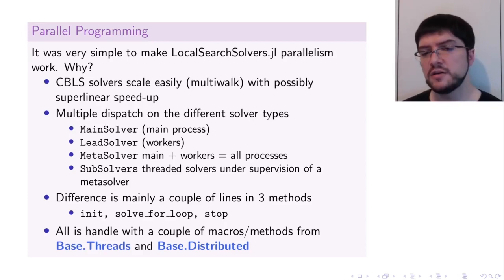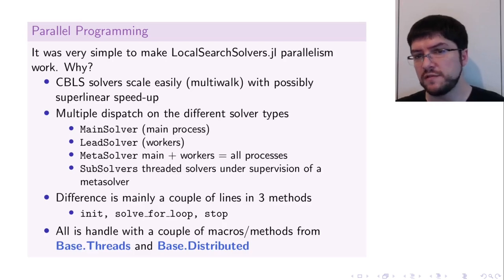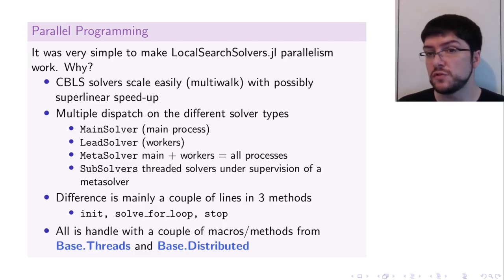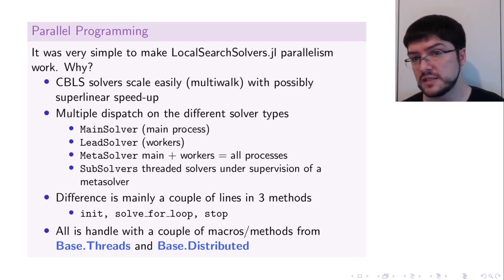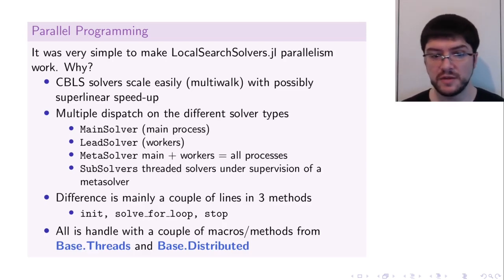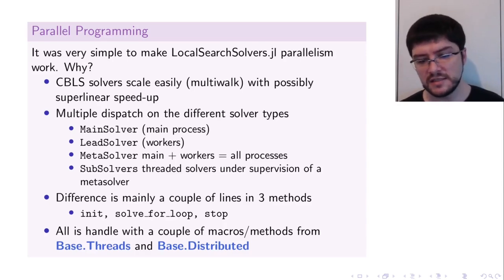And finally, a stop function, which is basically what a solver does when it finds an optimal solution, or when it receives information from others that an optimal solution has been found. And that was it. So all is handled with just a couple of macros and methods from Base Threads and Base Distributed. Really straightforward and easy to do.